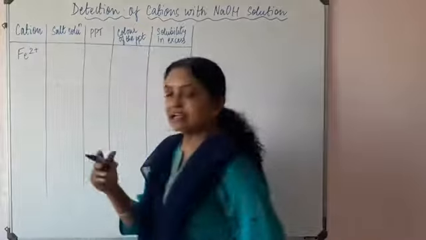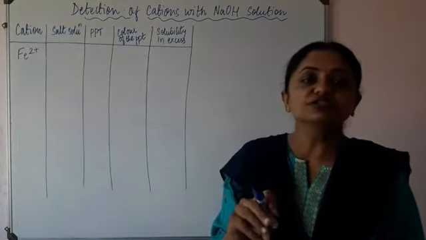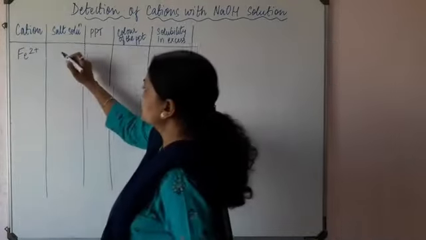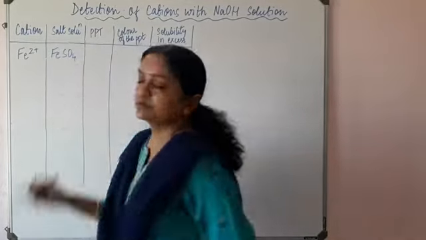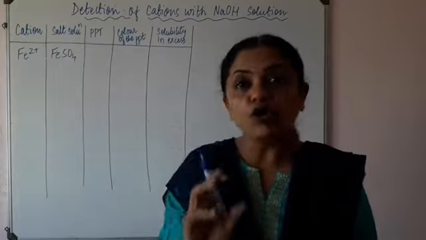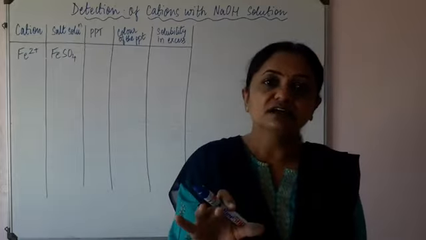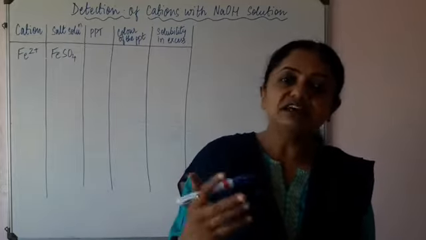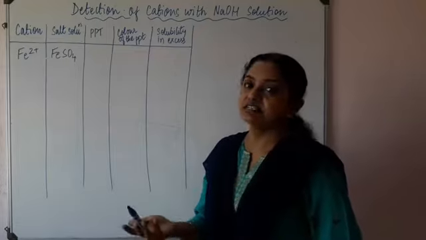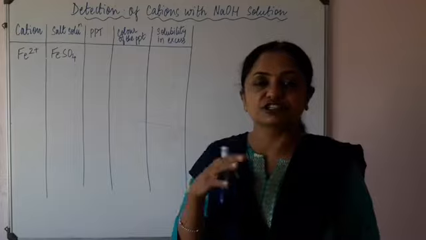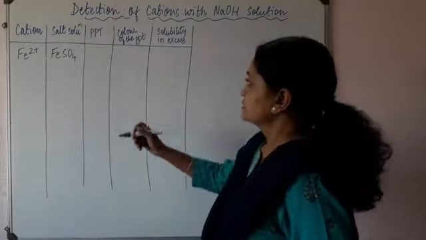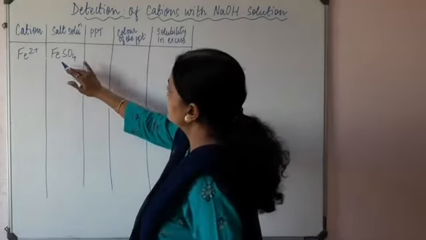Okay, the cation is ferrous, but the salt solution which we are taking, you can take ferrous sulfate or ferrous chloride. See, just now I explained the precipitation reaction. So all these salts which are taken should be soluble. Then and only then the reaction will take place. Otherwise, exchange of radicals will not take place. So you are taking ferrous sulfate.